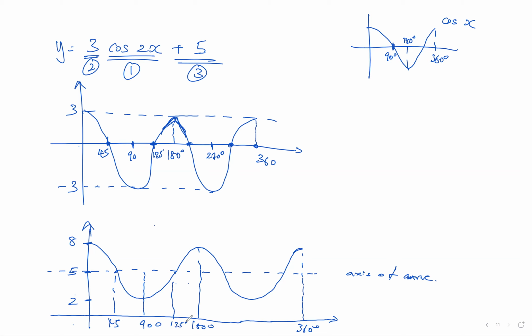You can do the rest the same. 270. So that everything coincides very nicely. So can you see that? So it's all about manipulation. We will do one more.